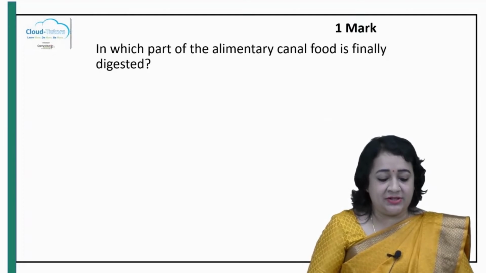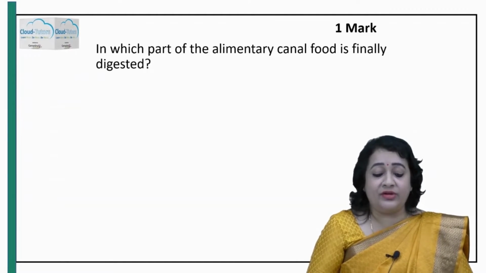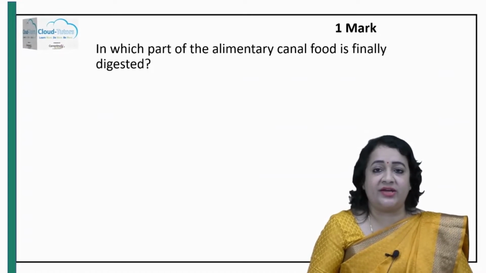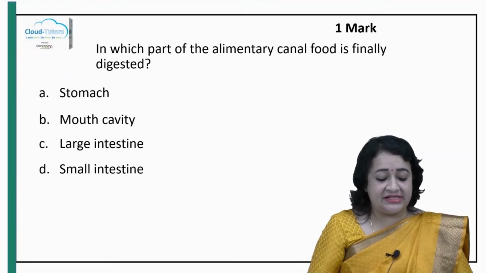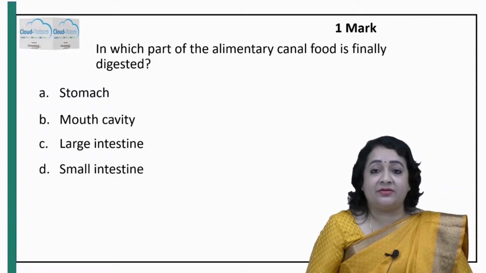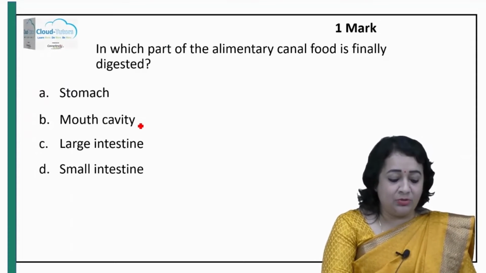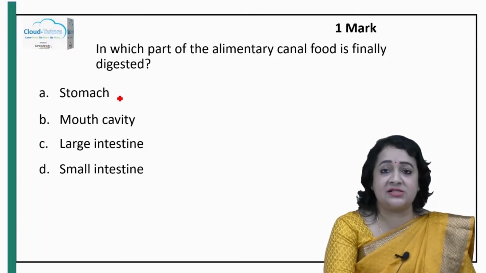1 mark question. In which part of the alimentary canal is food finally digested? So final digestion process, where does it happen? Options are stomach, mouth cavity, large intestine, small intestine. So digestion starts from the mouth, right? Starts from mouth, then goes to stomach. Then the process continues in stomach.